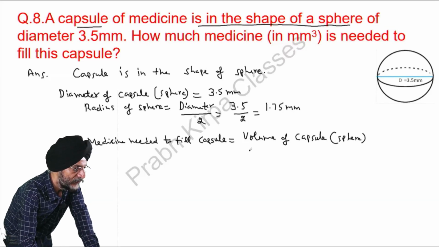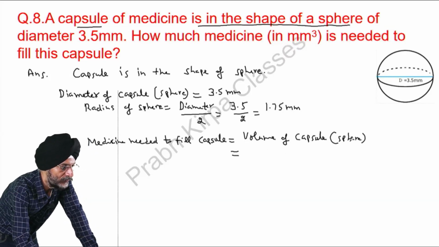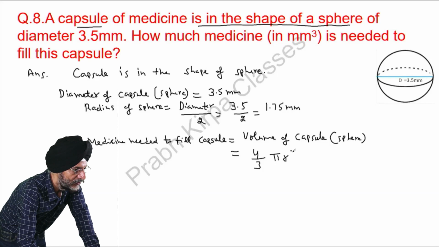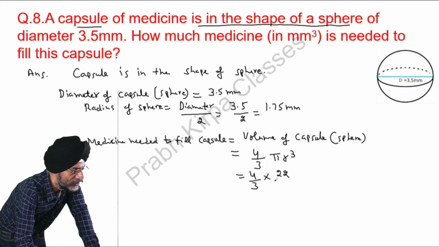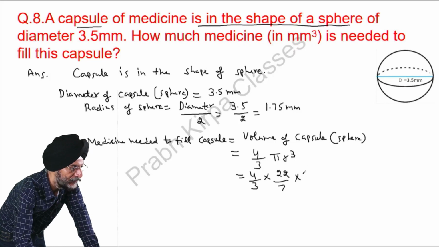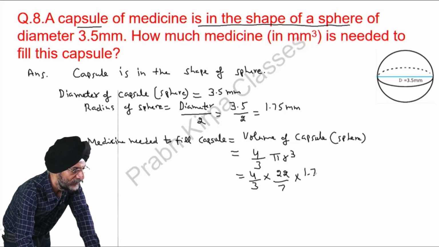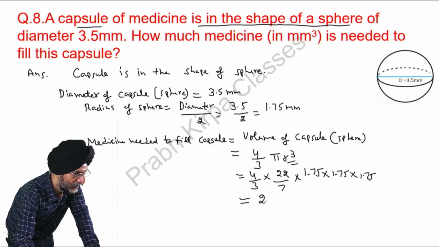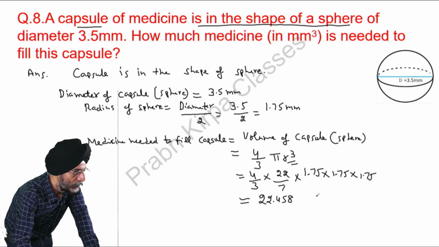Now what is the formula for calculation of volume of sphere? It is 4 over 3 pi r cube. So here we will put in the relevant values: 4 over 3, and pi is a mathematical constant represented by 22 over 7. What is the value of r? It is 1.75. Here r is cube, so we will write 1.75 3 times. So after solving all this, we will arrive at 22.458 cubic centimeter.